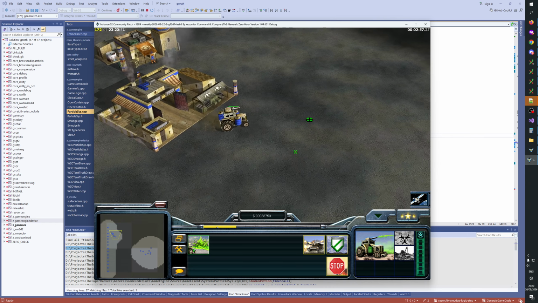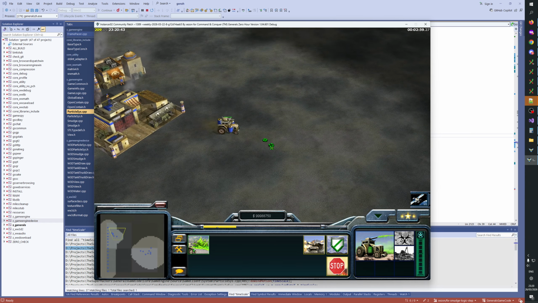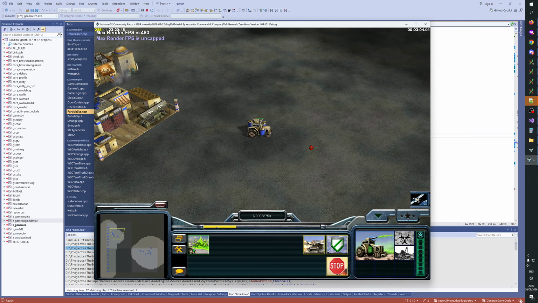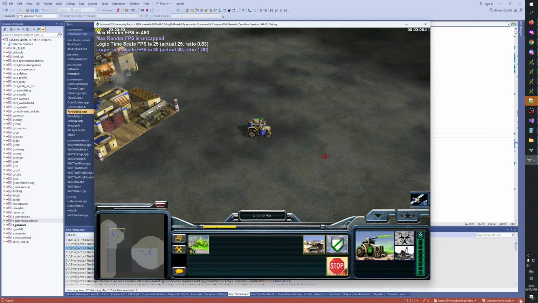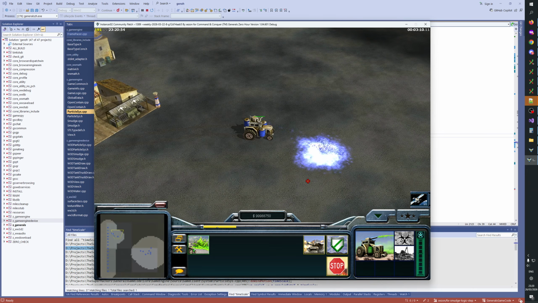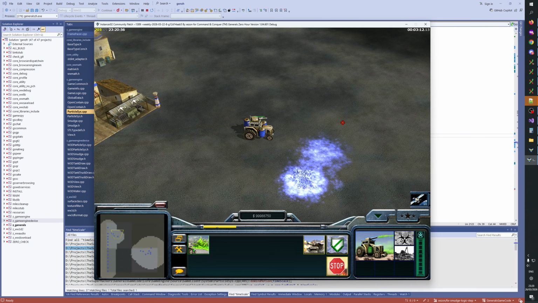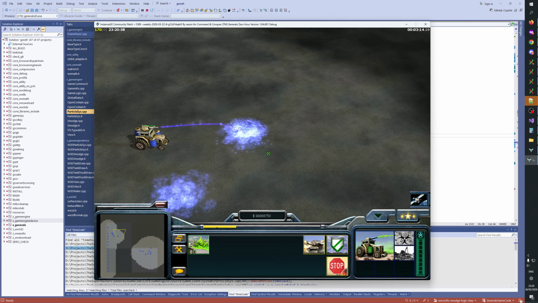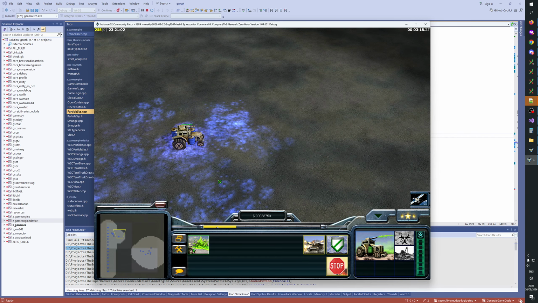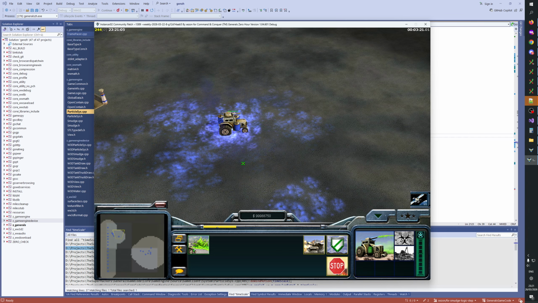Okay. So the render frame rate is uncapped. Logic is at 30. That looks good to me. Cool. Let's do the sprayer. It's hard to see, but it looks okay.